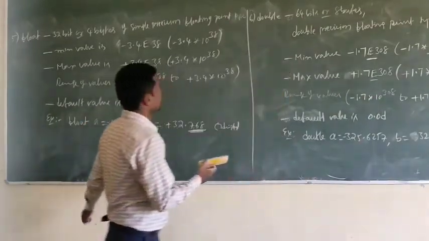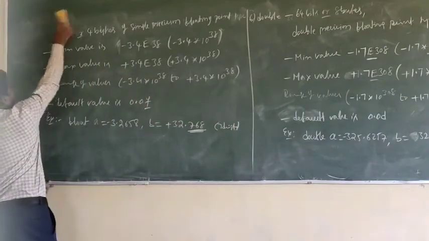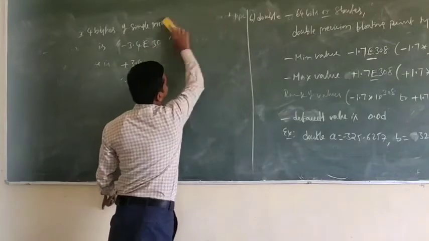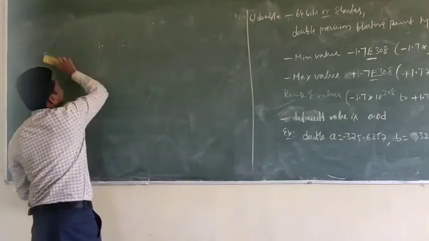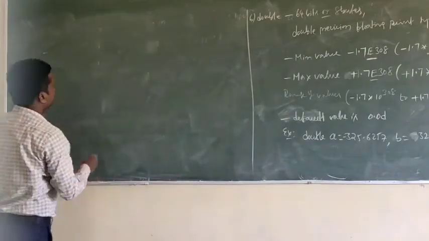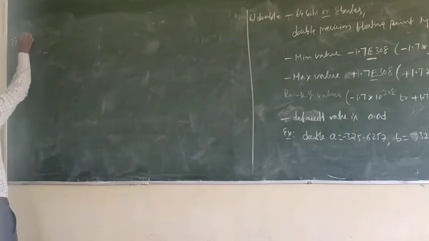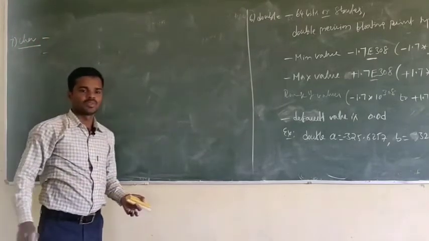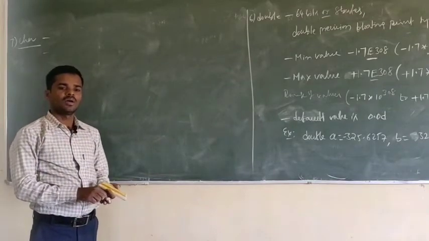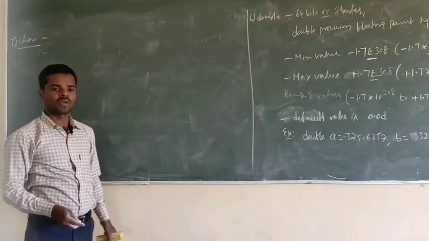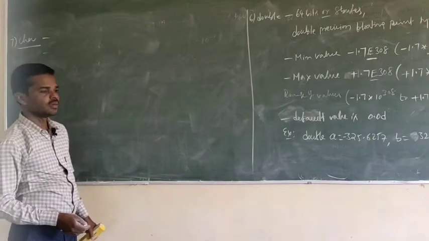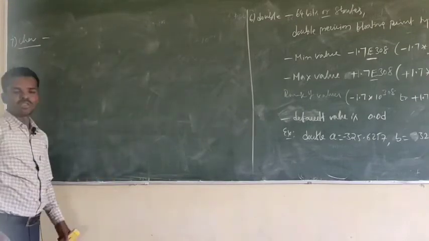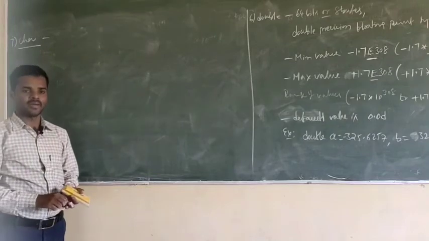Next data type is character. See the char data type. If you want to store the values in the form of character type, that is single characters which will be enclosed in single quotes, that is called character types.